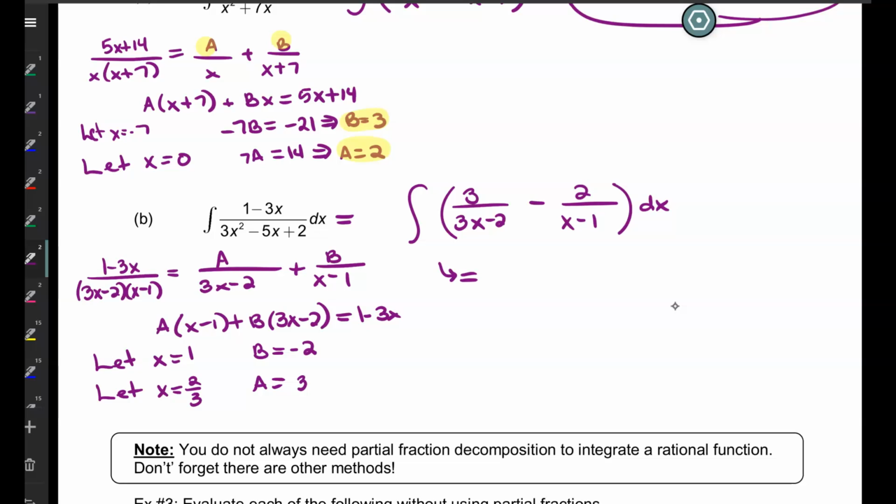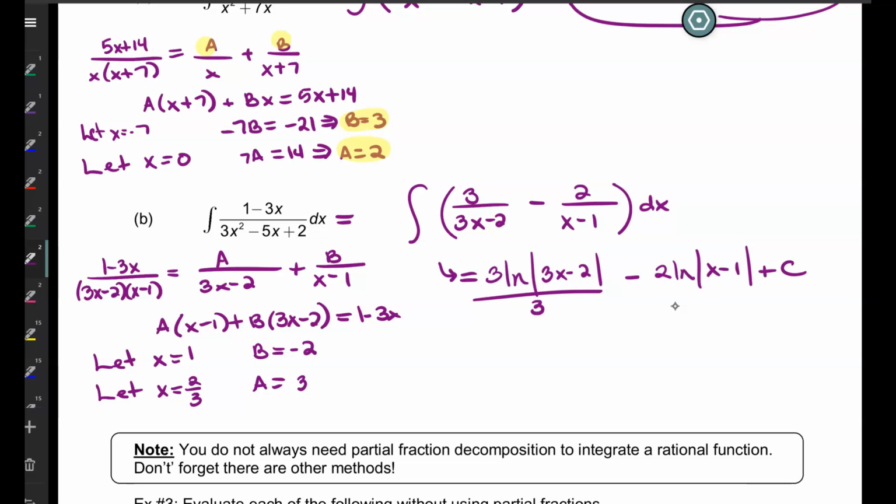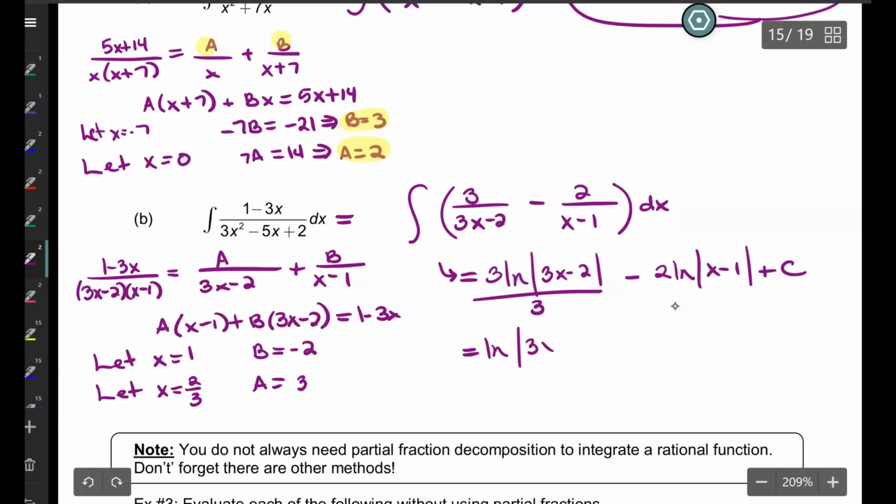I'm going to use my shortcut here, so it's going to be 3 natural log absolute value of 3x minus 2 divided by 3 minus 2 natural log absolute value of x minus 1 plus C. So we get natural log 3x minus 2 minus 2 natural log of x minus 1 plus C.